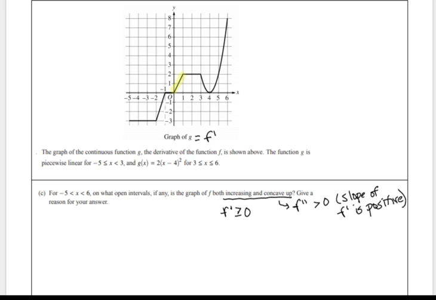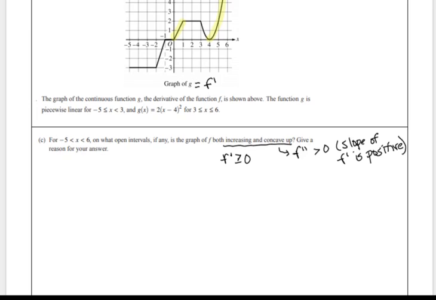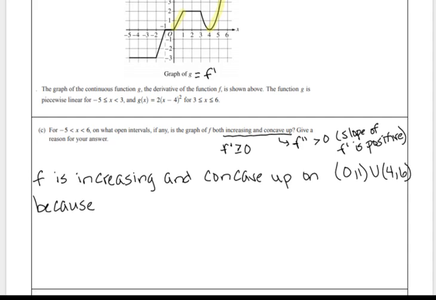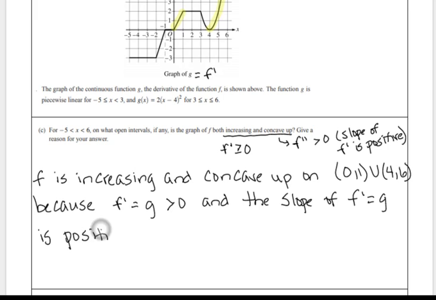So 0 to 1 and from 4 to 6. So f is increasing and concave up on the interval from 0 to 1, union with 4 to 6, because f prime, which is equal to g, is greater than 0 and the slope of f prime, which is g, is positive on these intervals.